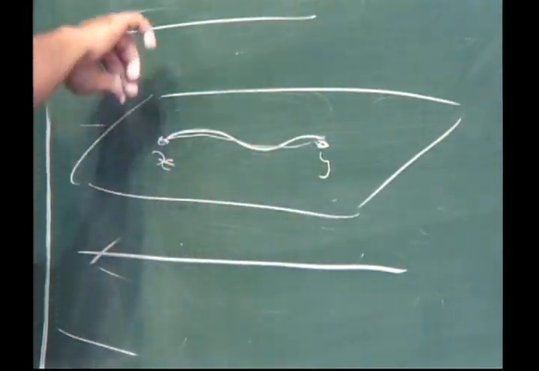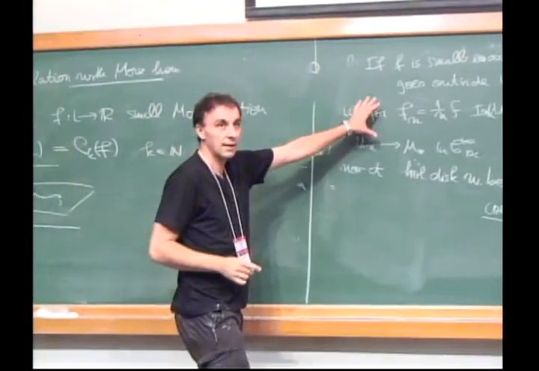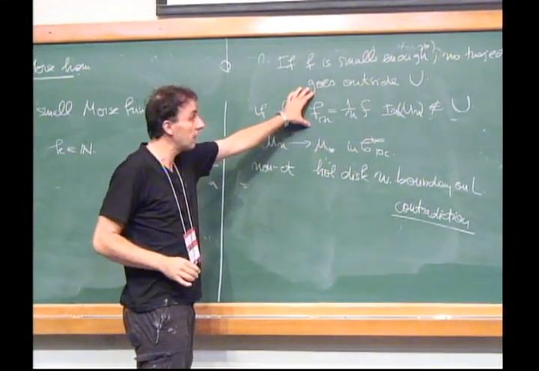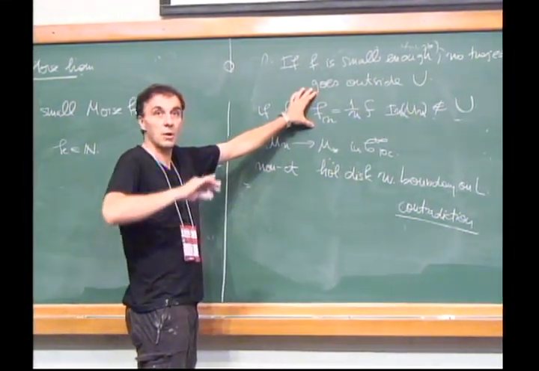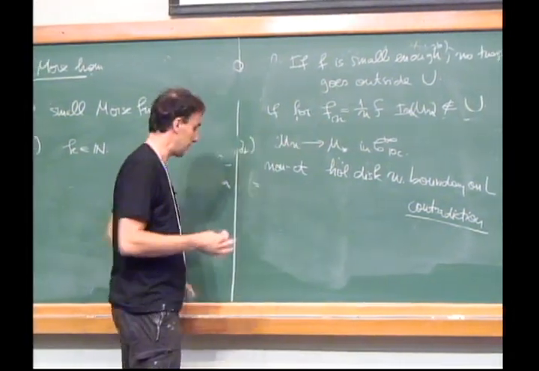But globally, in this case, there's no more contradiction as here. So you might have Floer trajectories which go outside U_L.